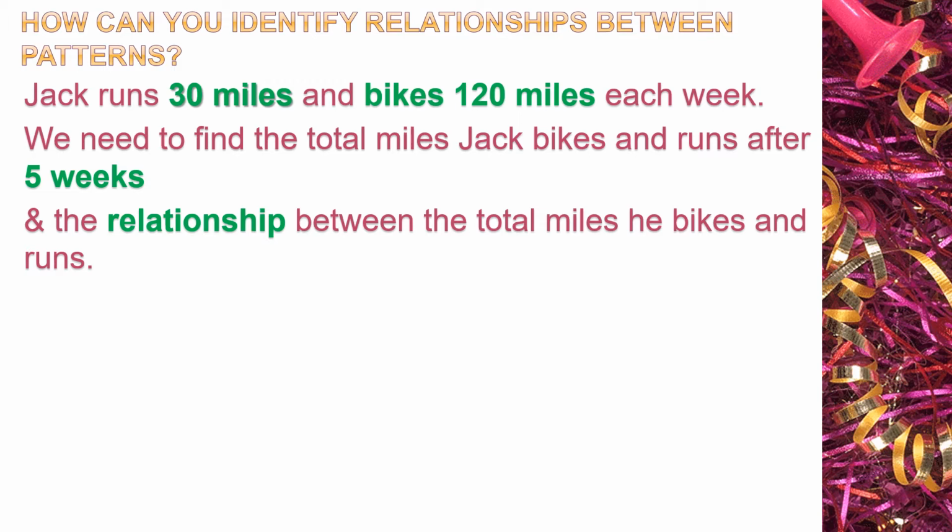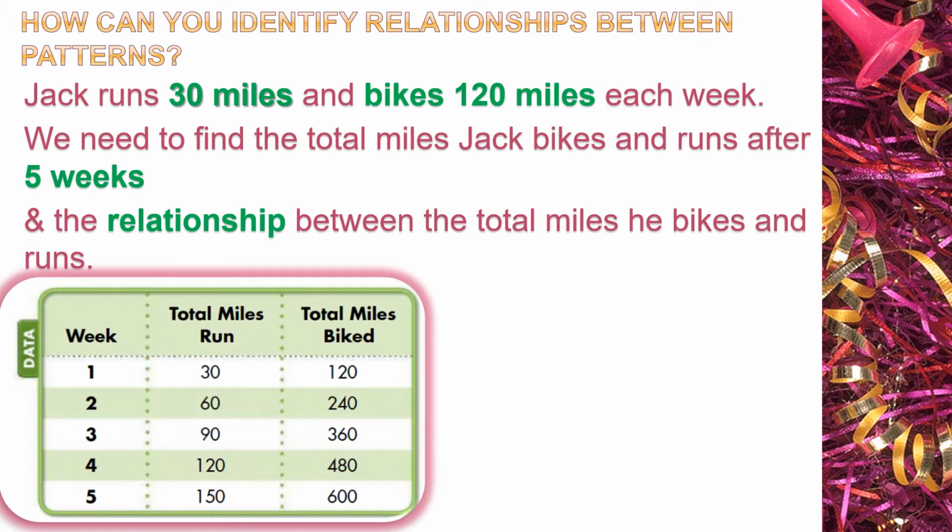So we are going to make the table for 5 weeks. So here is the table for 5 weeks. So after 5 weeks, Jack runs 150 miles and bikes 600 miles.